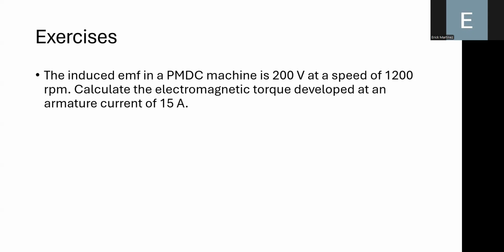And we need to compute the electromagnetic torque developed at an armature current of 15 amperes. So we need to compute the electromagnetic torque, but also we know that the armature current is 15 amperes.